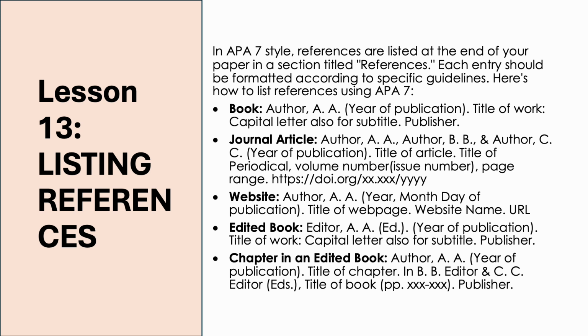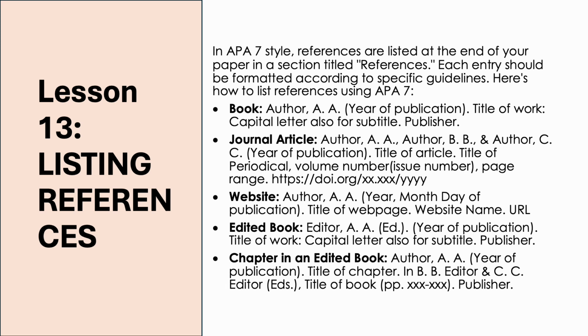For the book, we have the author and the initial of the first name and the initial of the middle name, and then inside the parentheses, we have the year of publication. And the title of work is next. And as you can notice, only the first letter of the sentence must be in capital letter, and the rest must be written in small letters unless it is a proper noun.